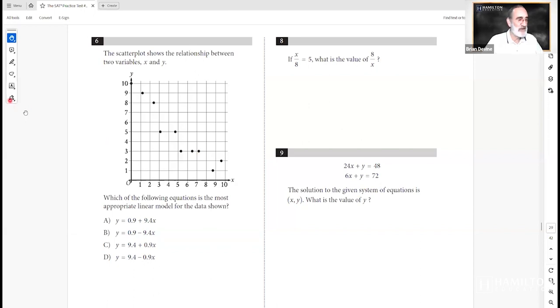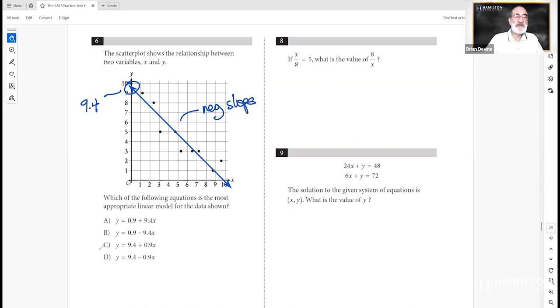Well, let's put a line on there and see what it looks like. Maybe balance it out, kind of like that. And I can see that my y-intercept is somewhere like 9.4. And I can see that I have a negative slope. It goes down.